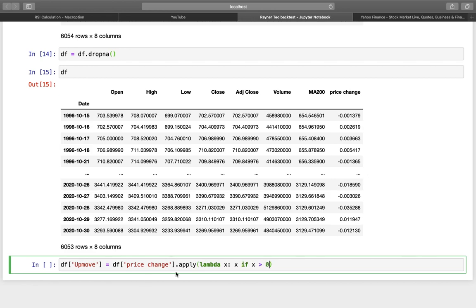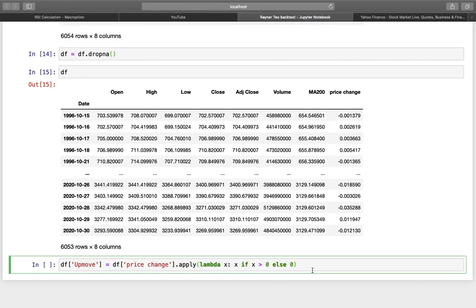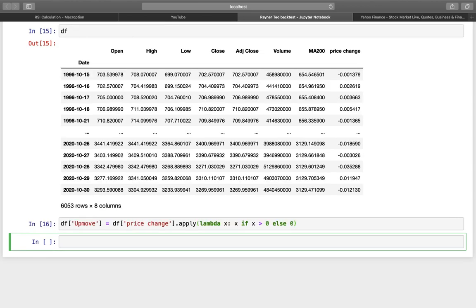As an example, this value is larger than 0, so we would get this value as the up move. Else, I'm taking a 0. Why? Because, as we've just read, 0 if the price change is negative or 0. Okay? So we have implemented that perfectly. So we can execute that, and we have defined our up move.